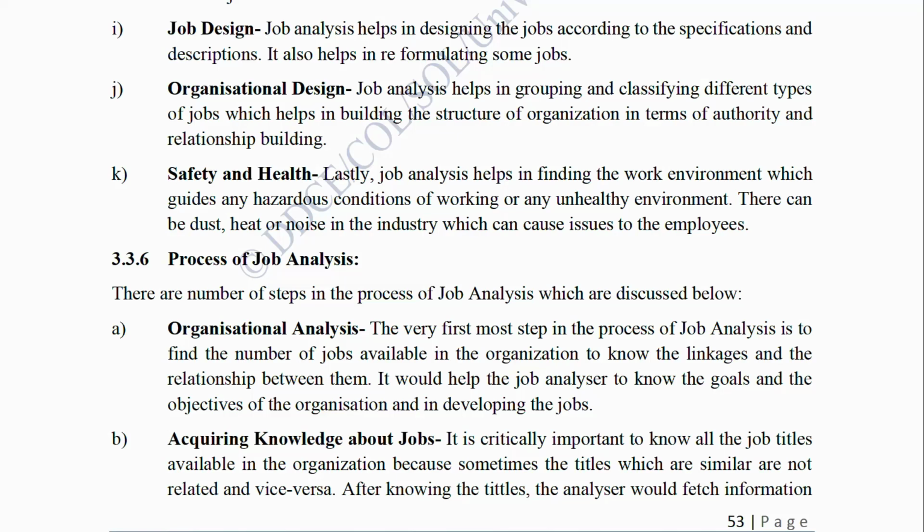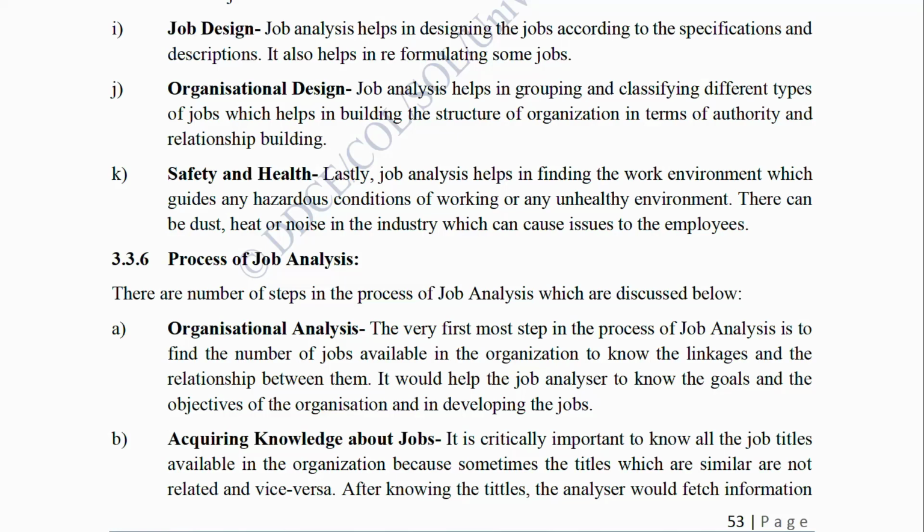Last, safety and health. Lastly, job analysis helps in finding the work environment which guides any hazardous condition of working or any unhealthy environment. There can be dust, heat or noise in the industry which can cause issues to the employees.